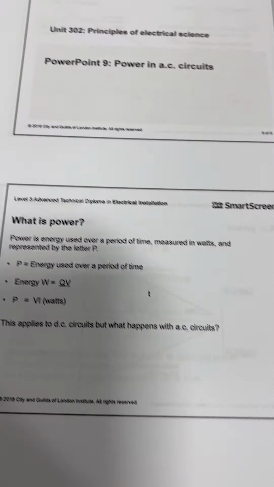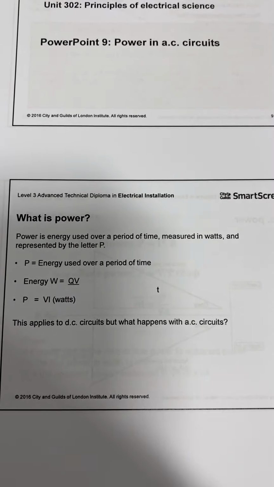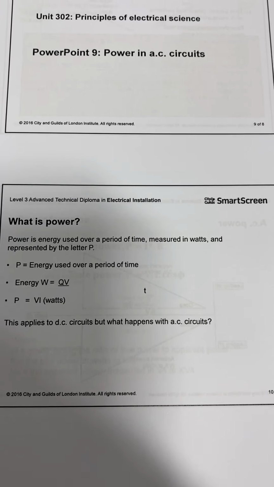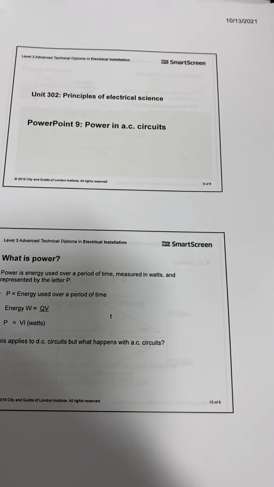Power is energy over a period of time, measured in watts, and it's represented by the letter P. The way energy is calculated is Q times V divided by time.